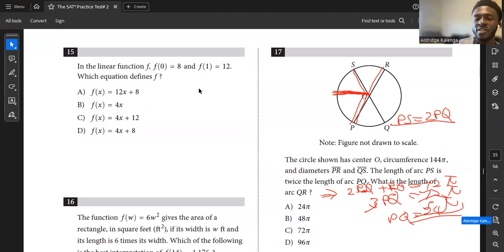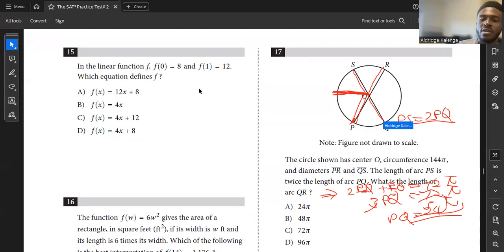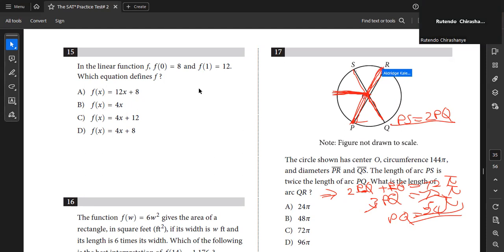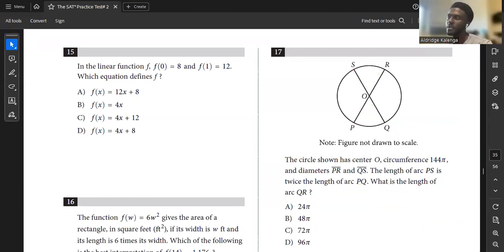So if we know that one segment here is 24 pi, then we have to double that. There are so many different ways to do it, but just in case you guys are interested in that.